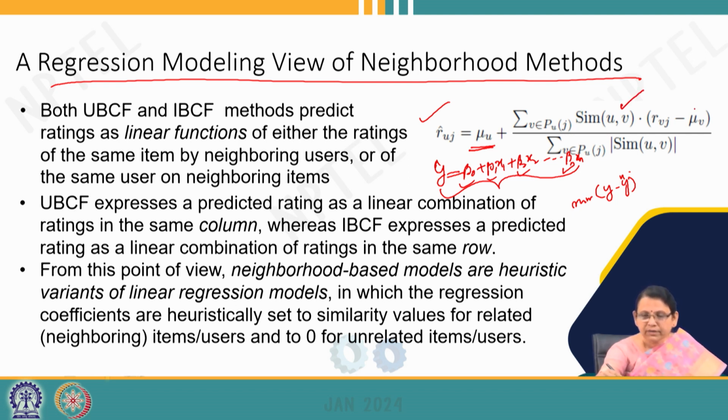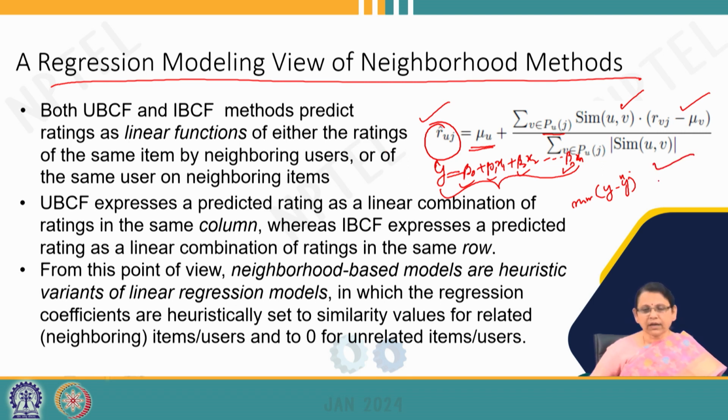Then from the like minded users in the set P_u(j), where these users have also rated item j and v is one such user, we were trying to find out the rating r_uj following this formula.